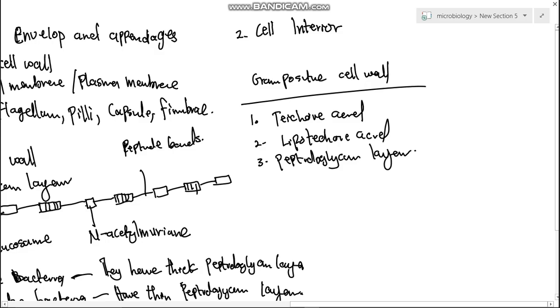So that is for the gram-positive cell wall.